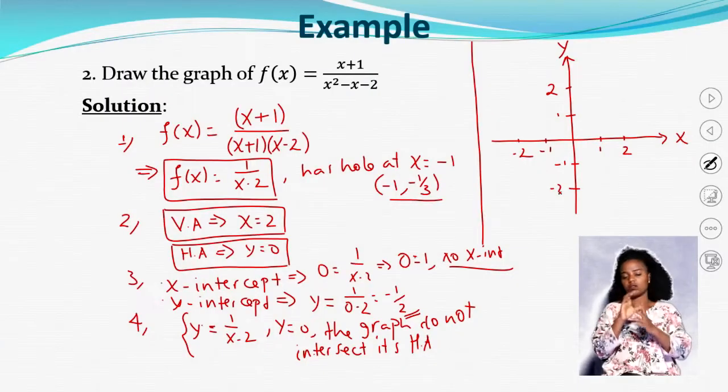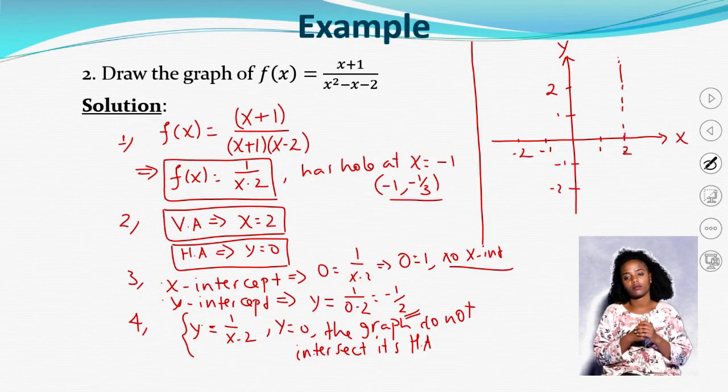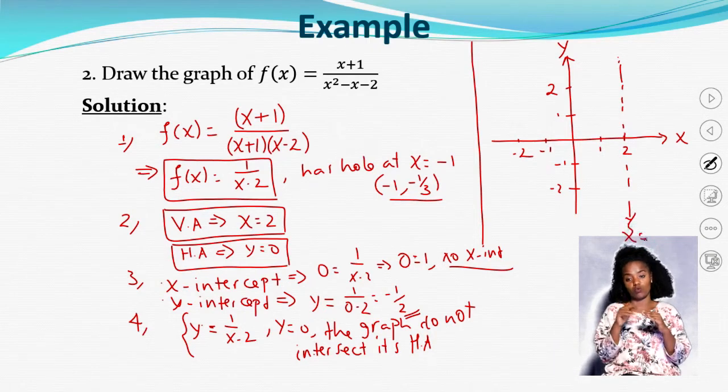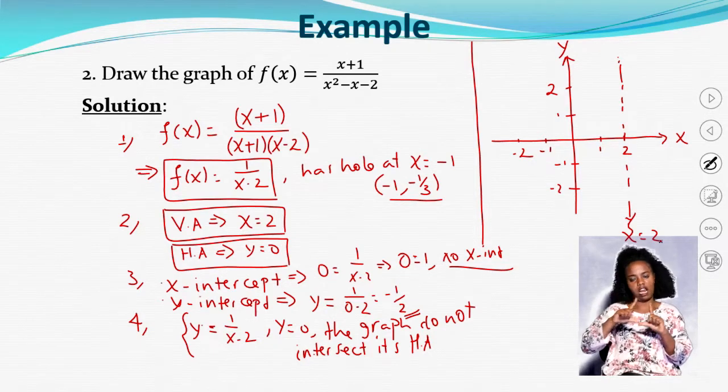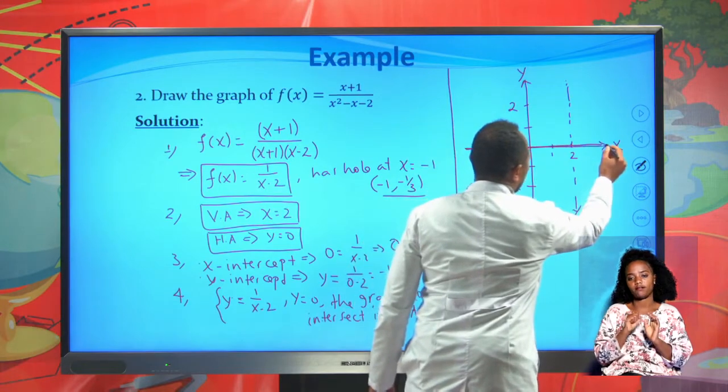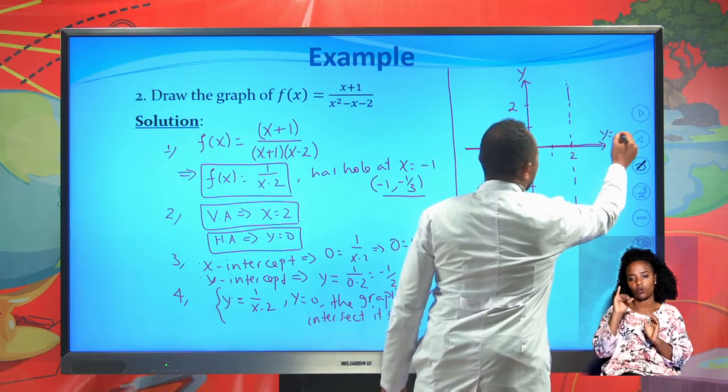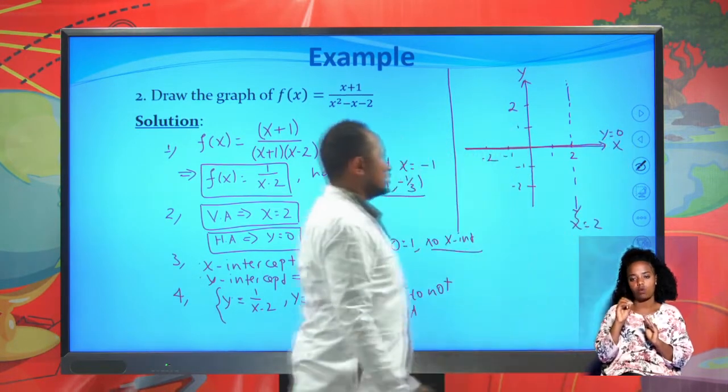So x equals 2 is the vertical asymptote, and draw the horizontal asymptote using a solid line. It is y equals 0, which is the x-axis, so you have this one. This y equals 0 is the horizontal asymptote.